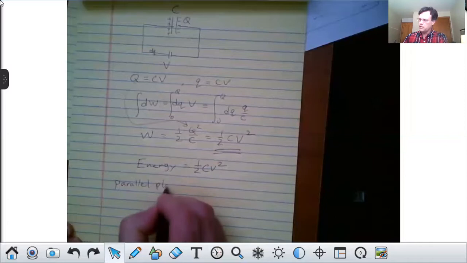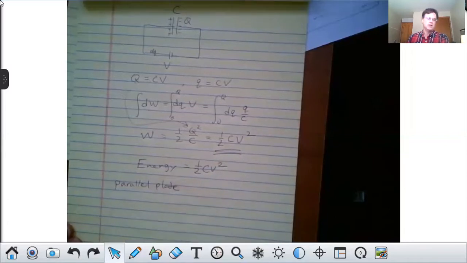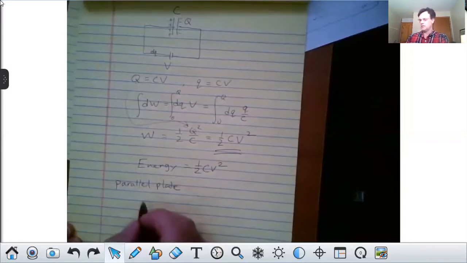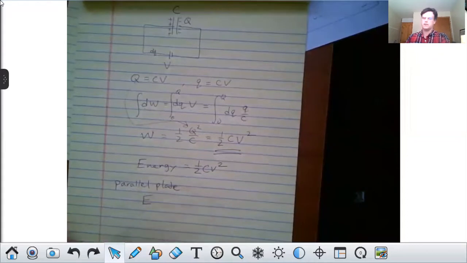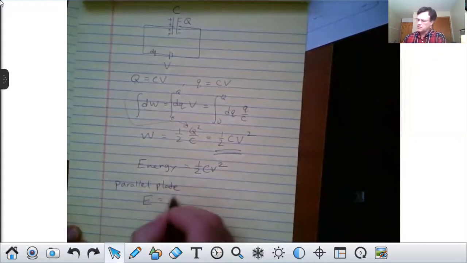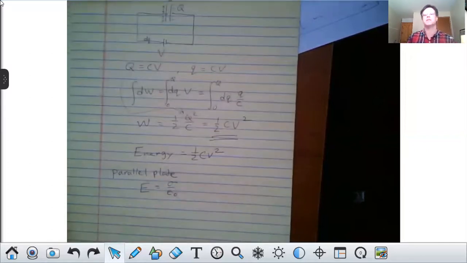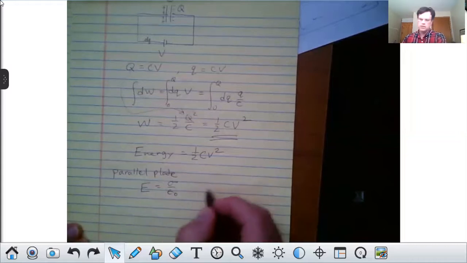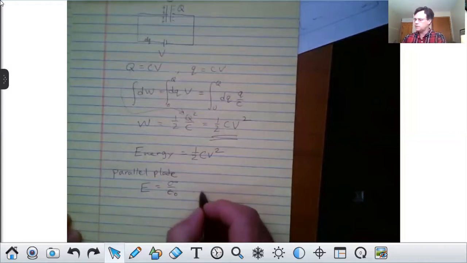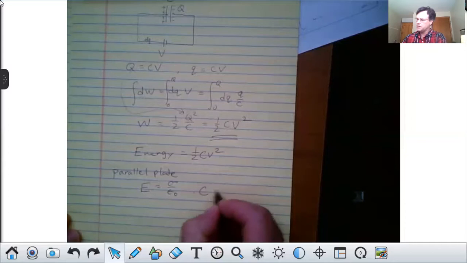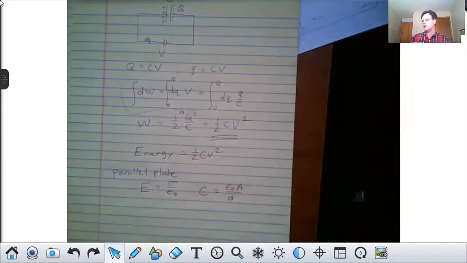If you remember, in a parallel plate capacitor, the electric field between the plates is sigma over epsilon zero. Now I'm using the epsilon zero permittivity constant instead of my k constant. But also we found previously in the first video of chapter 25 that the capacitance is epsilon zero A over d. So what I'm going to do is just plug these in.